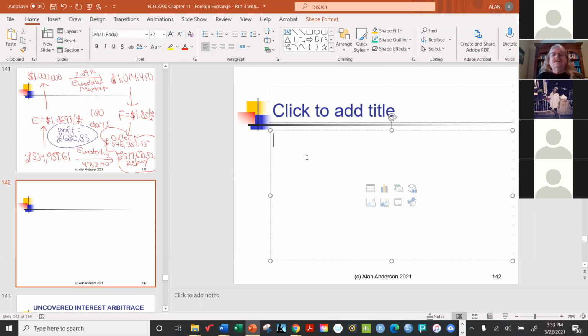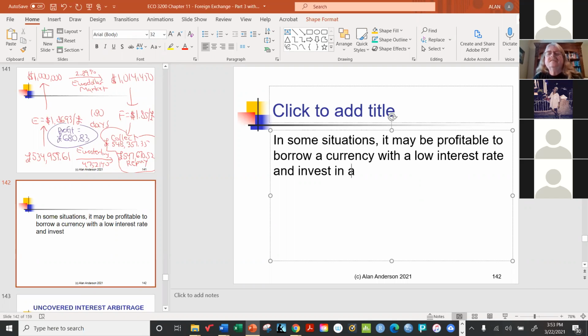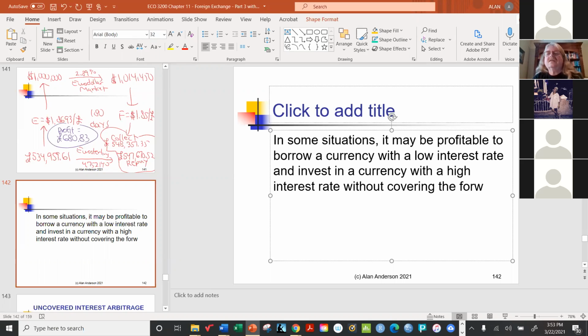In some situations, it may be profitable to borrow a currency with a low interest rate and invest in a currency with a high interest rate without covering the foreign exchange risk.